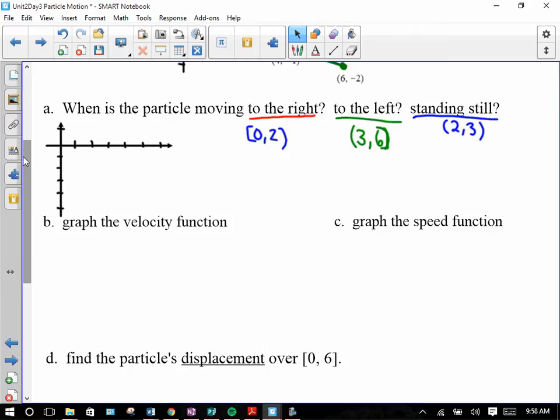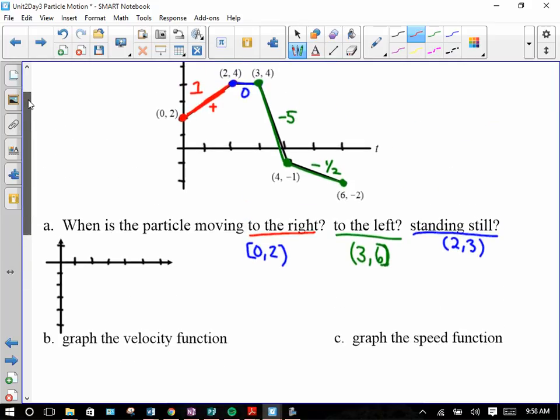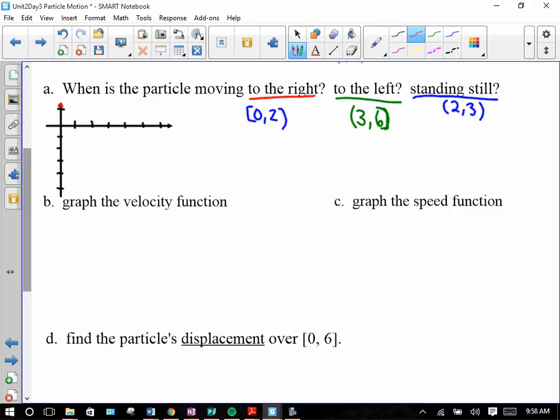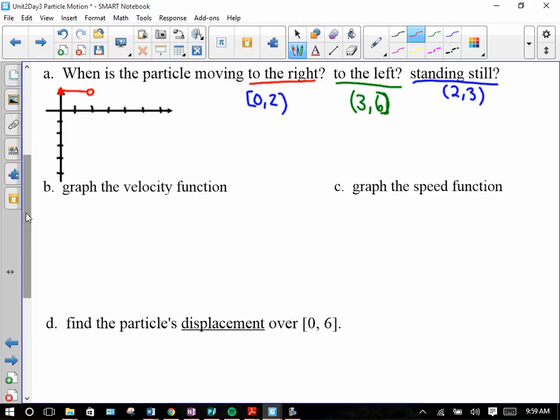Alright, so from 0 to 2, there's a 1. Makes sense? From 2 to 3, there's a 0. Just have to be right on the dash line next to it.